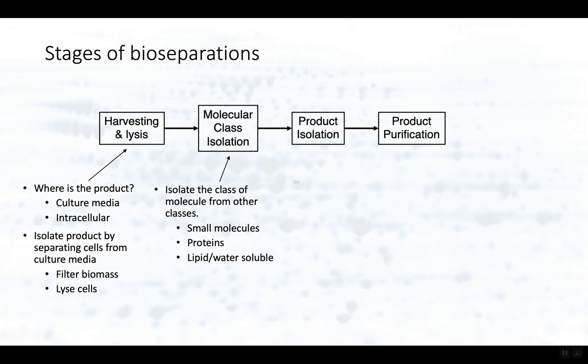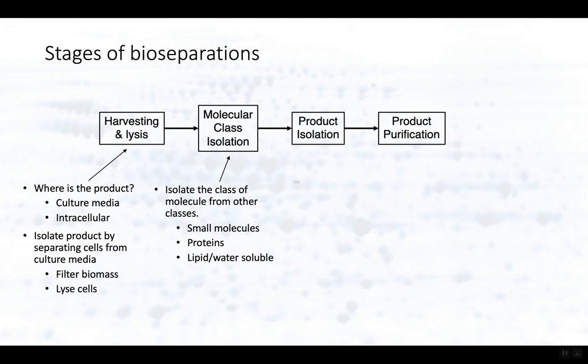The problem, though, is we have lots of other small molecules present, many of which have similar properties. So it's not just the size of the molecule that matters, it's its ionization state, its solubility. There are a variety of things we have to do to winnow that class of products out from other products of similar size.